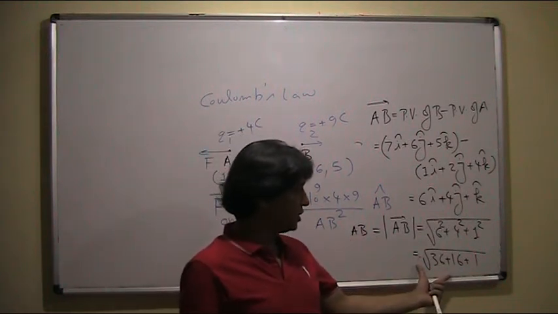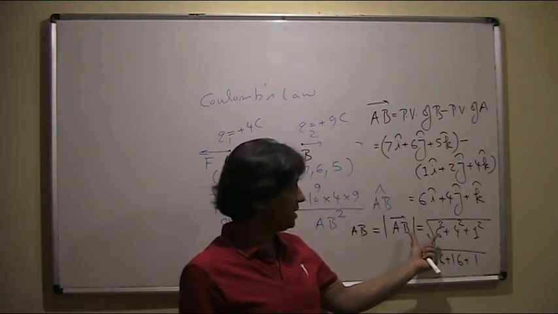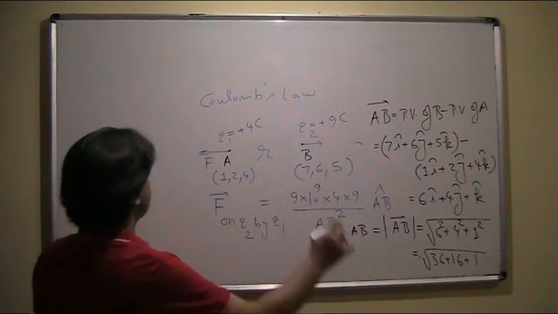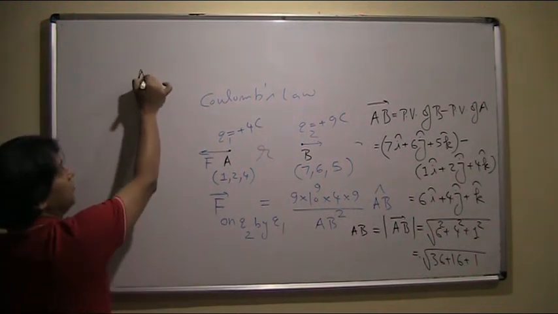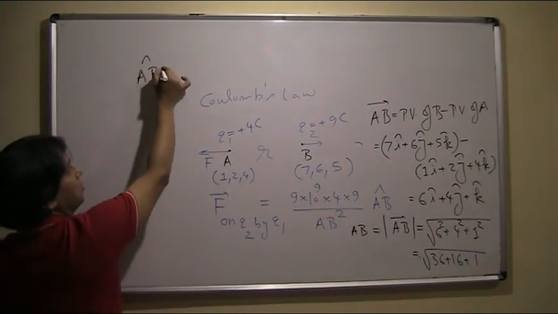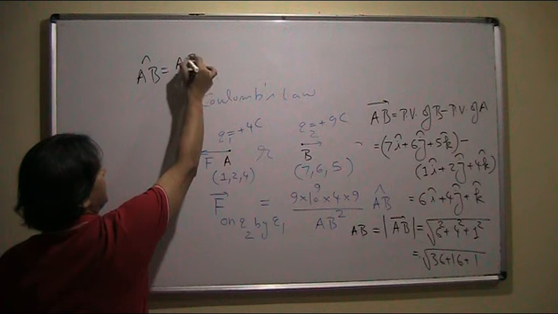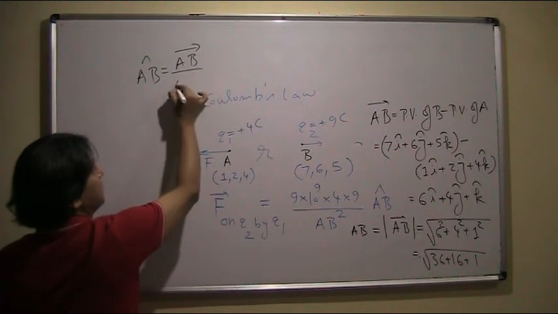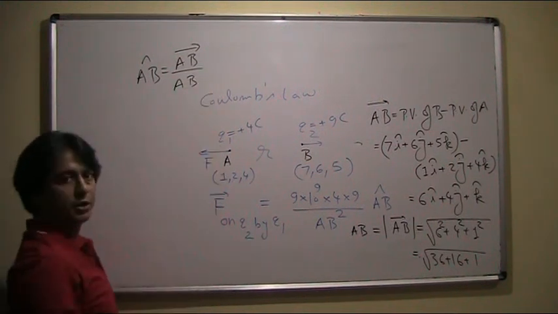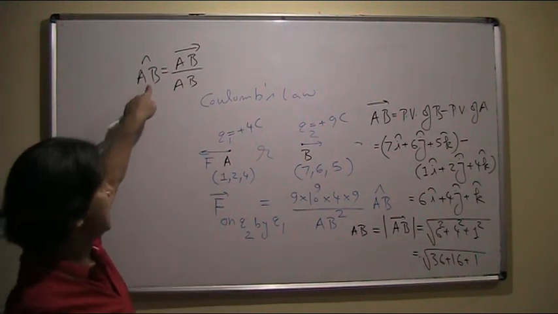Now this is the magnitude and this is the vector AB, and then you know how did we calculate AB cap. For AB cap, we do this. We take AB vector and then we divide it with its own magnitude. So that gives you AB cap.